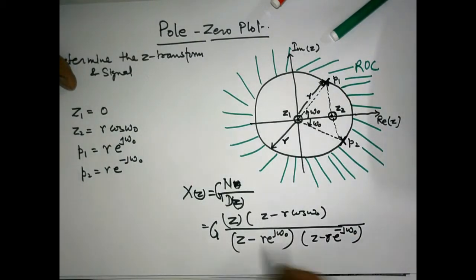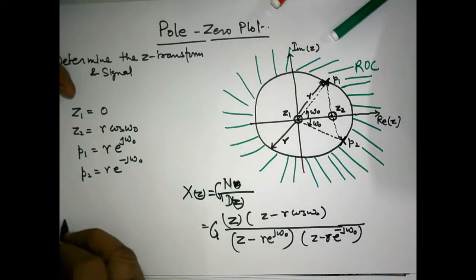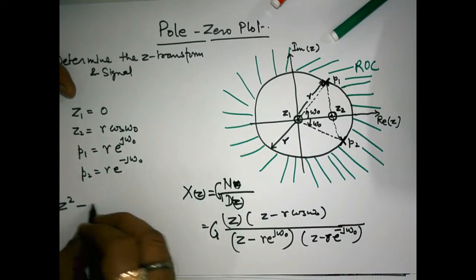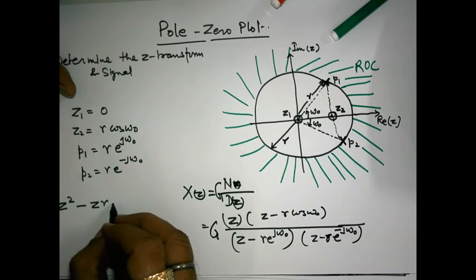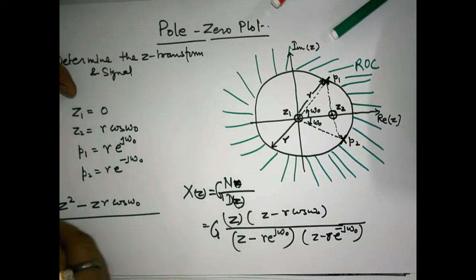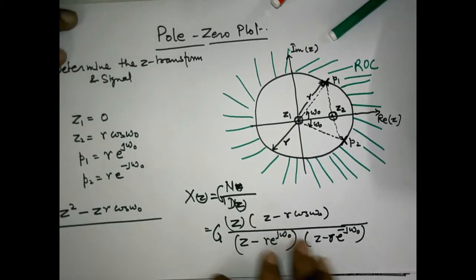Now, if you multiply these two expressions and solve them, first for the numerator, this will be equal to z² − z r cos ω0, and there will be a gain factor.